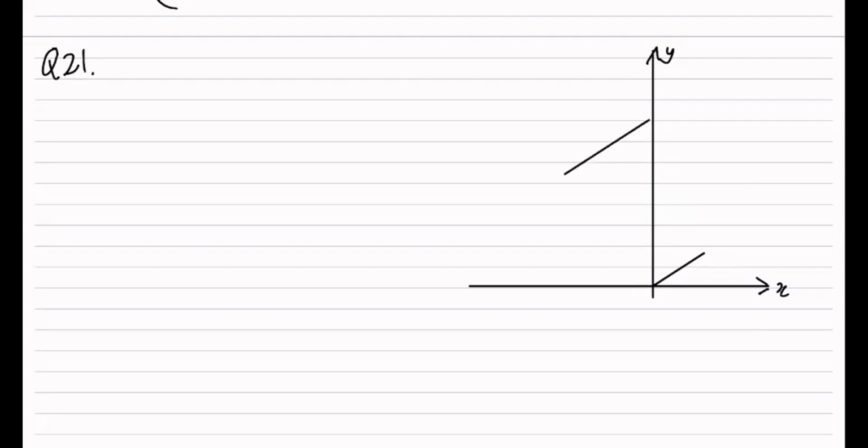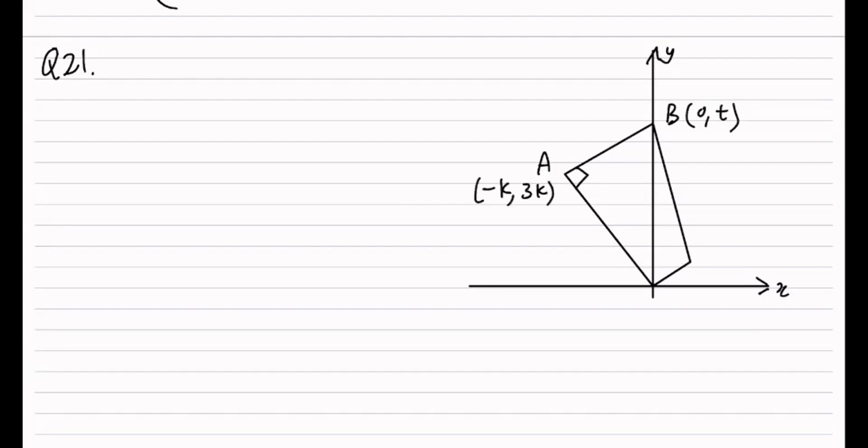Then after that you extend here to here, and you're able to get this shape here. Like this. And you have a point A, 90 degrees here, point B (0, t). They start to use a lot of variables here already. (-k, 3k). And then you got parallel line AB with OC.